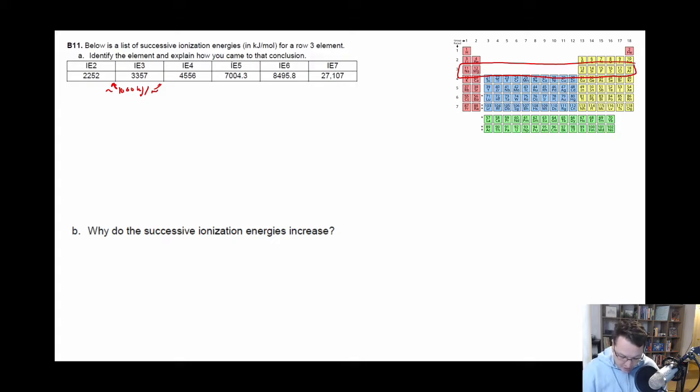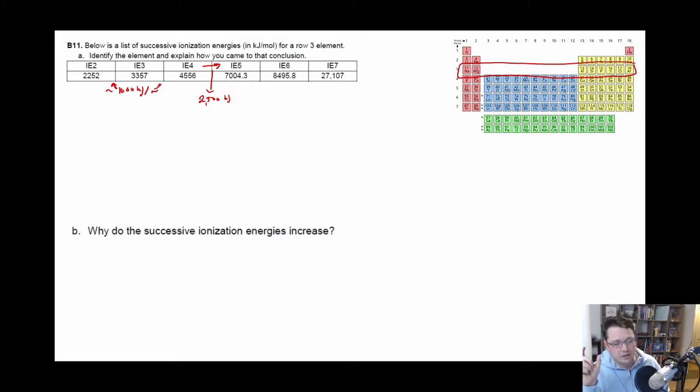But now when you're going from IE4 to IE5, what you're seeing is about a 2,500 kilojoule difference between those two. That tells us, just off the bat, that something happened.